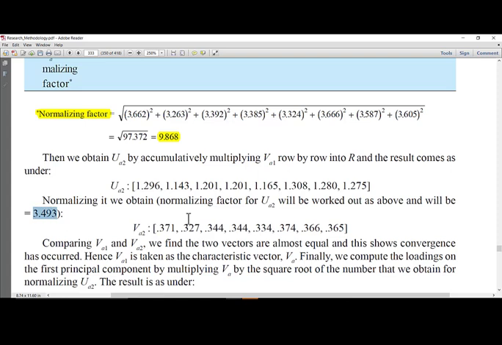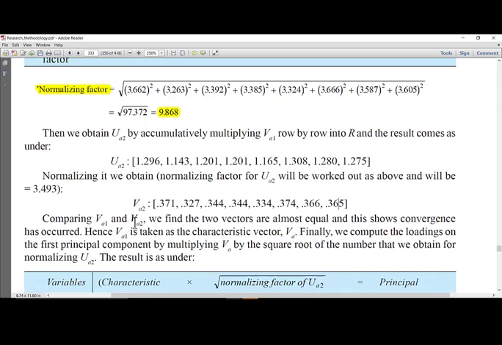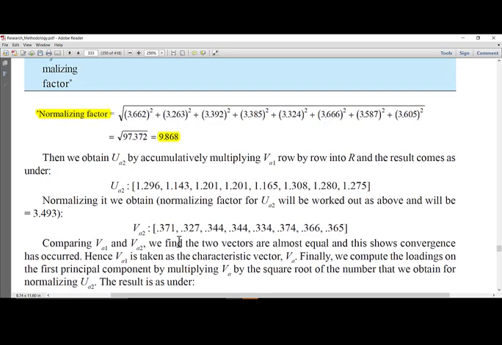This is 0.371. And then 1.143 divided by 3.493 is 0.327. Then 1.201 by 3.493 is 0.344. Like that it is done. So VA2 values are these. Now these VA2 values we compare with the VA1 values, to see whether they are similar or any significant differences are there.